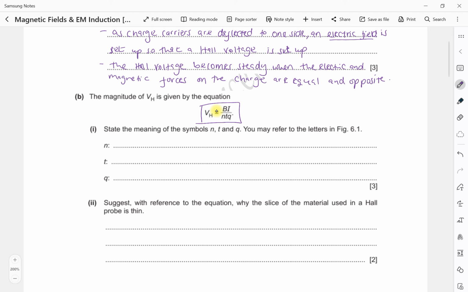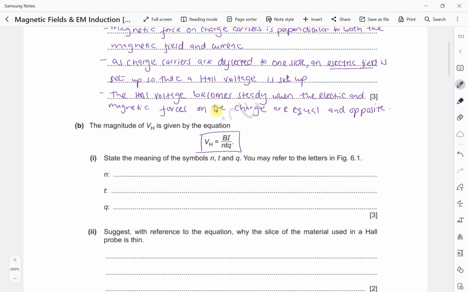I cannot refer to the diagram for this one. So N is the number density of charge carriers. Or N can be the number of free electrons. You must add the word free in your explanation: number of free electrons per unit volume. But simply, the number density of charge carriers.